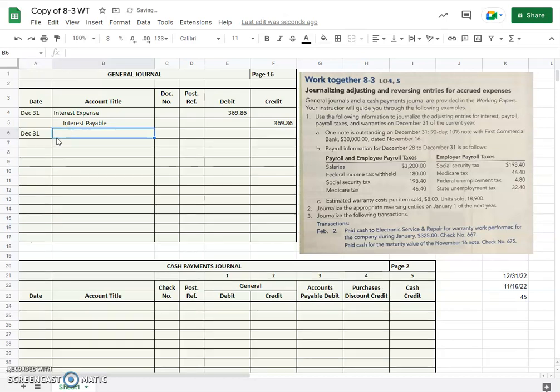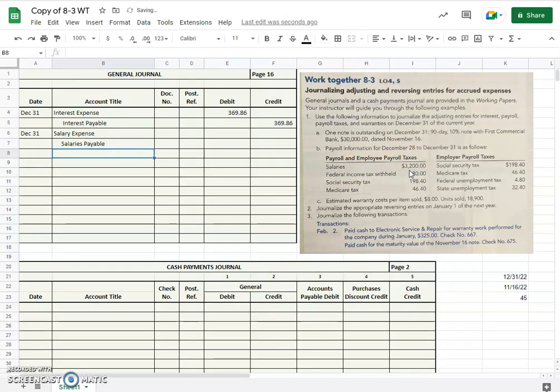Cool. So we know that we need to have salary expense as our debit. And what do we have that's payable here? Well, eventually we'll have salaries payable, but we'll have to figure out how much that portion is. But we have federal income tax, or what we should probably call employee, because this is the employee side, right?